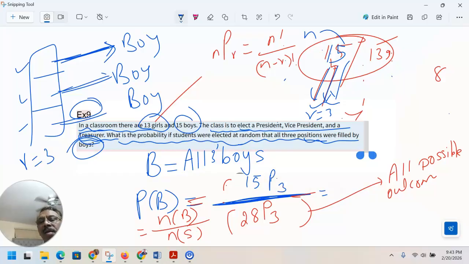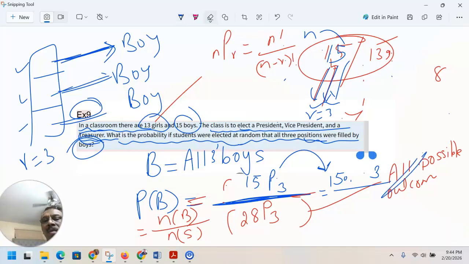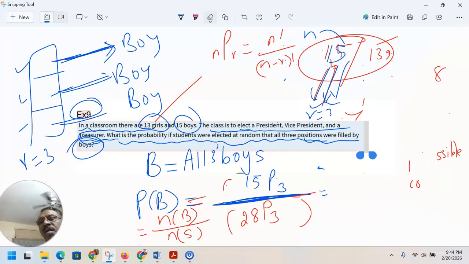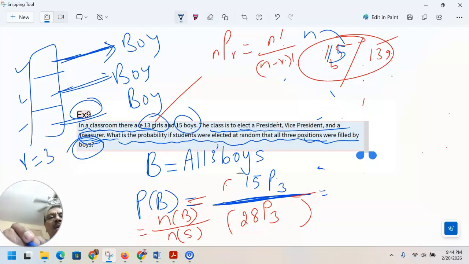On your calculator, you'll be working on this. Remember, using the fundamental principle of counting also, you could do first 15, the next one could be any of the 14, and the next one any of the 13. I'm going to show all the work separately. So first thing is, did you understand this? How to figure out the numerator and the denominator?